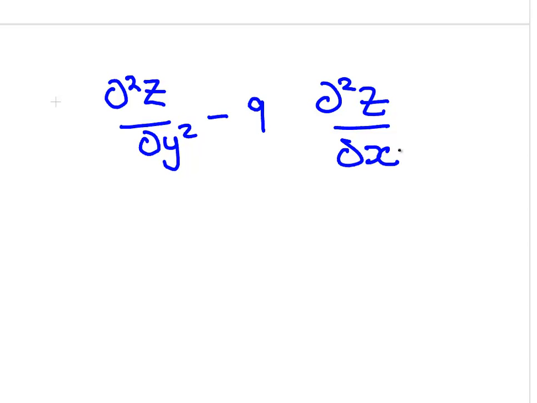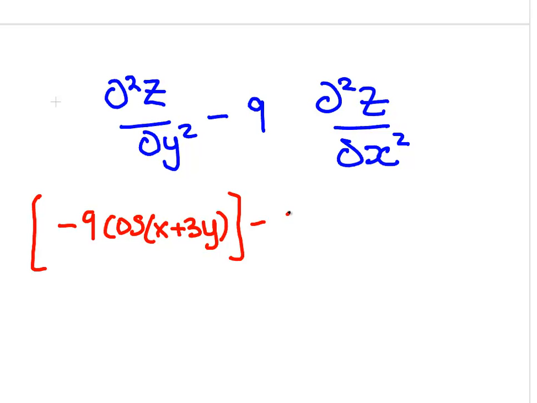The second derivative of z with respect to y, minus 9 times the second derivative of z with respect to x, is equal to minus 9 cos of x plus 3y minus 9 times minus cos of x plus 3y.